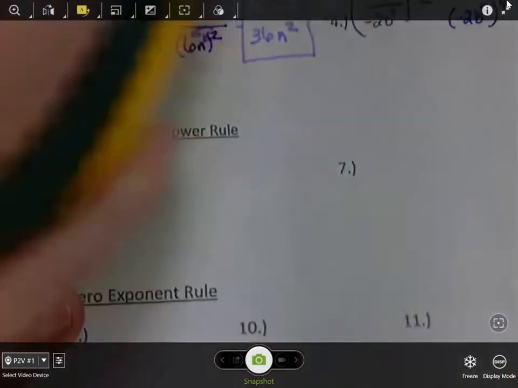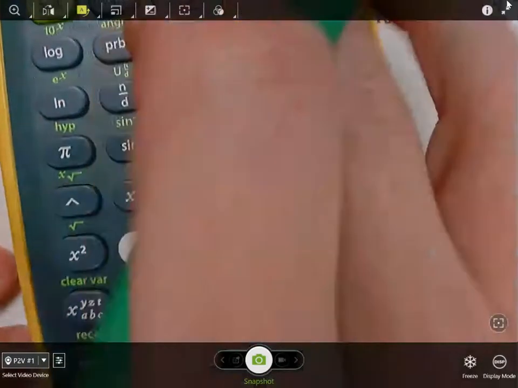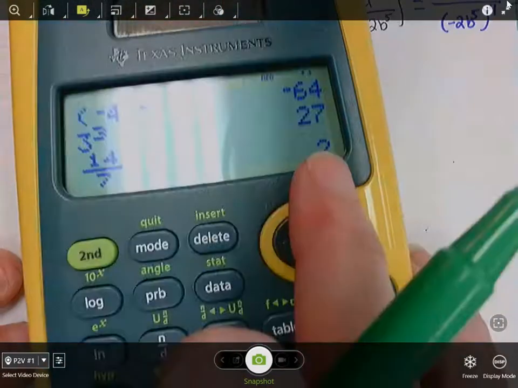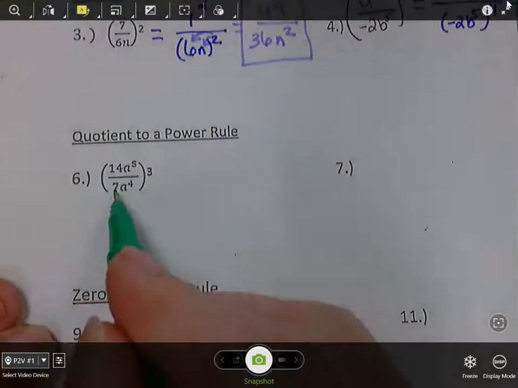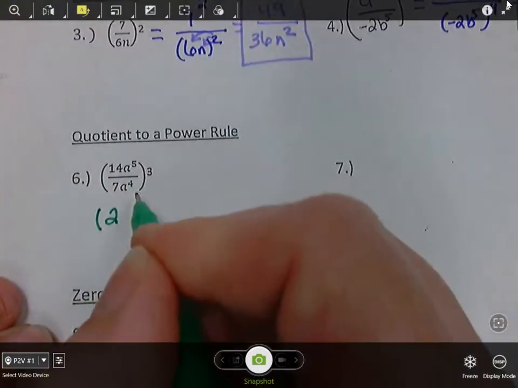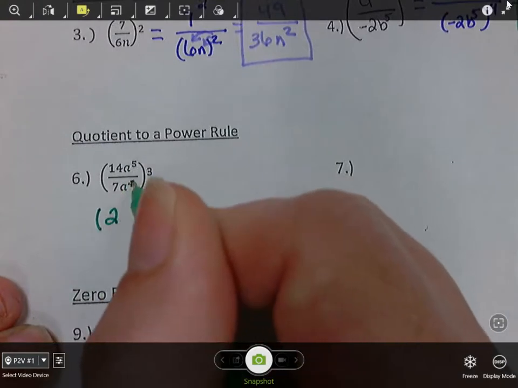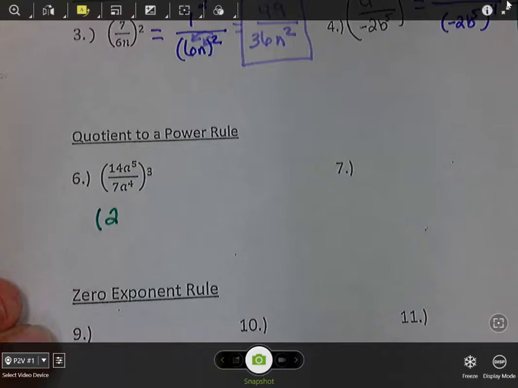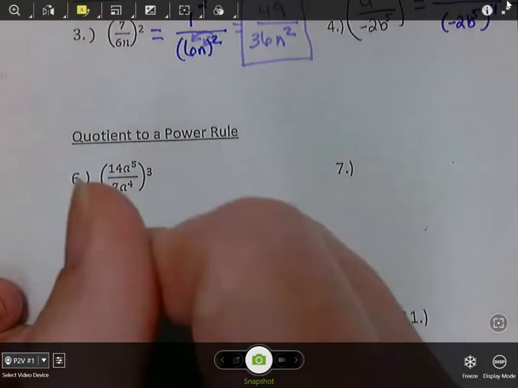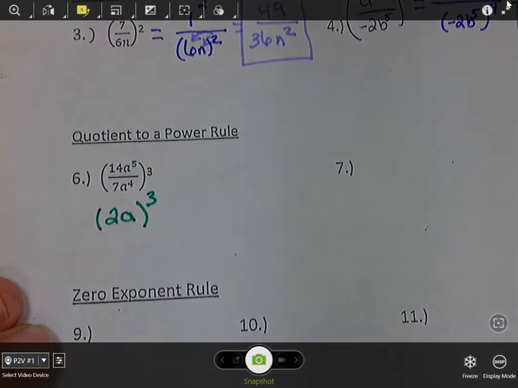If I type in my calculator 14 over 7, I get positive 2. So 14 over 7 is 2. Then remember quotient rule. If you have the same base and you're dividing, you subtract the exponents. You do 5 minus 4, which is 1. So it's a to the first, or just a, and then all to the third power.